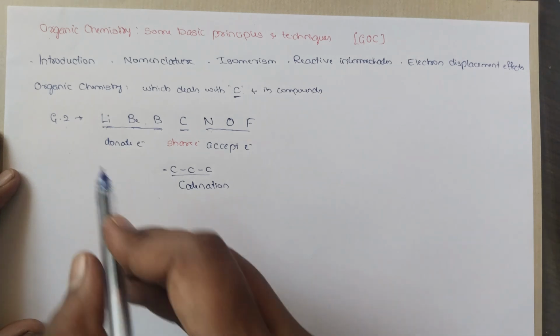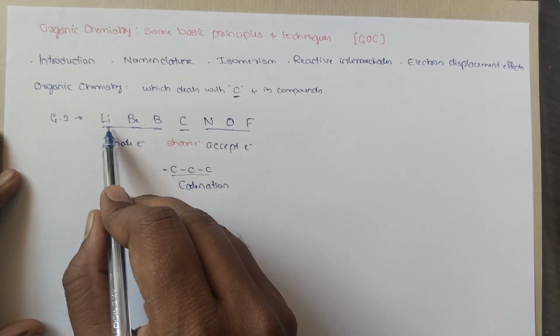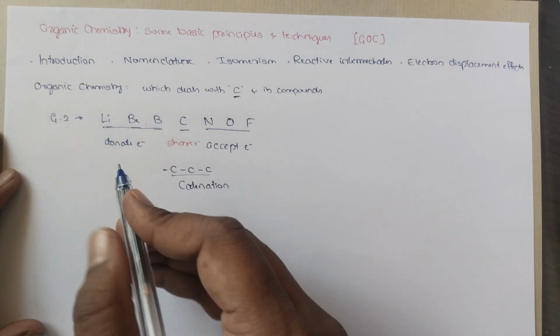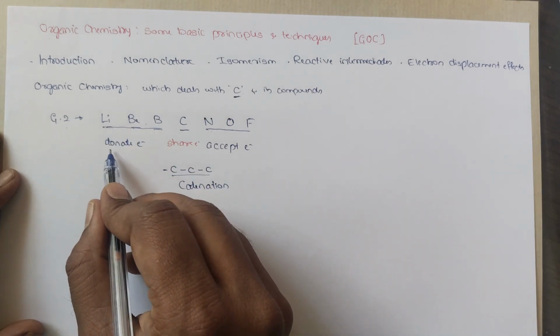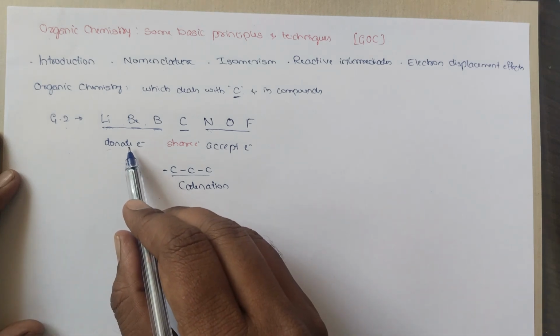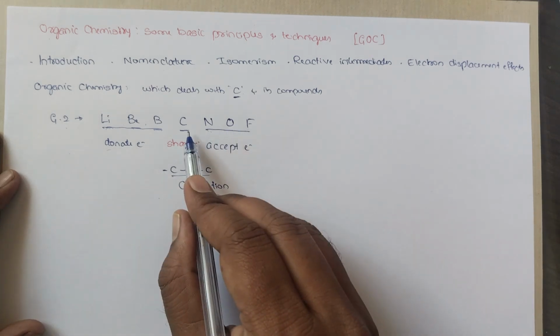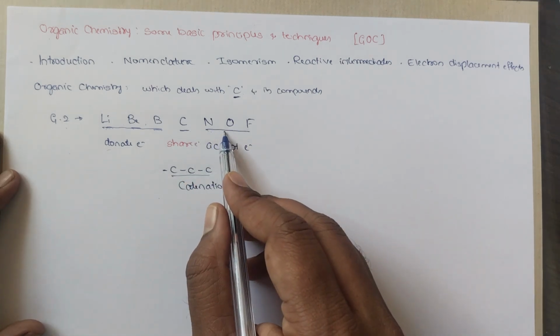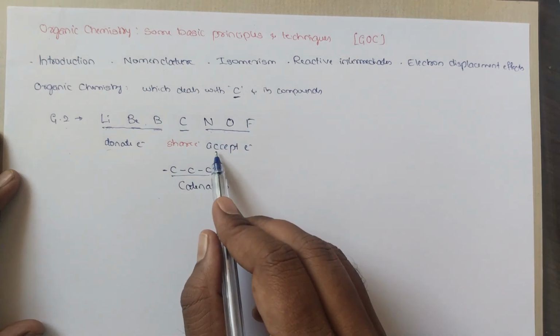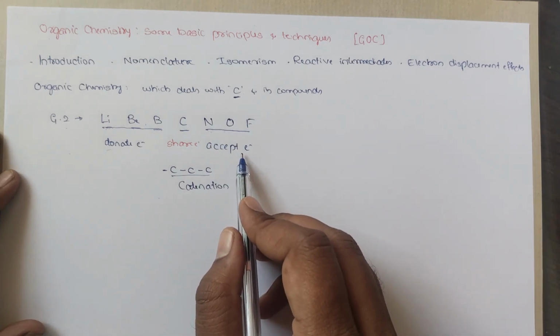The elements on the left side have a tendency to donate electrons, and nitrogen, oxygen, fluorine have a tendency to accept electrons.